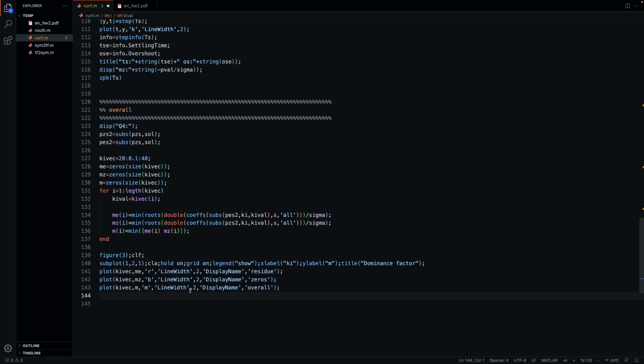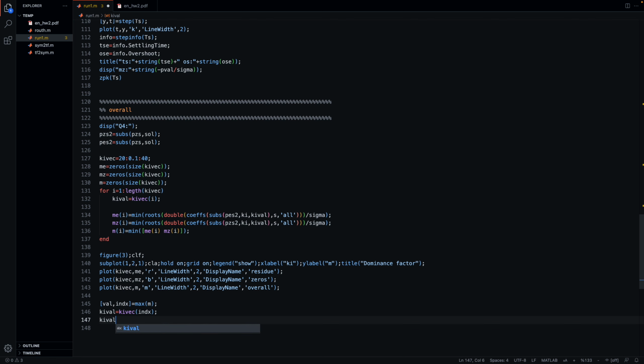Since I'm at it, what I can also include here, I could say val comma index and then take the maximum dominance factor solution out of this overall vector, so that I get the value and the position in the vector, so that I can extract the ki value here. So the best possible ki value is going to be ki vec index here.